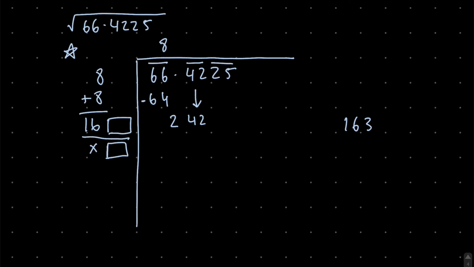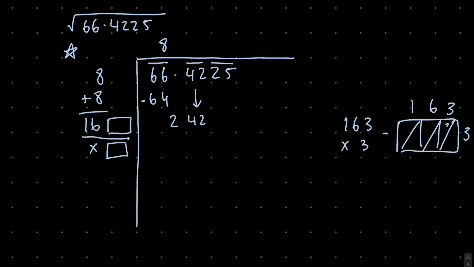So 163 times 3. Put it in the box method. So 3 times 3, that's 9. 6 times 3, that is 18. 1 times 3 is 3. So it's 9, 8, 4. Okay, that's way too big. That's way too big, so it can't be that.